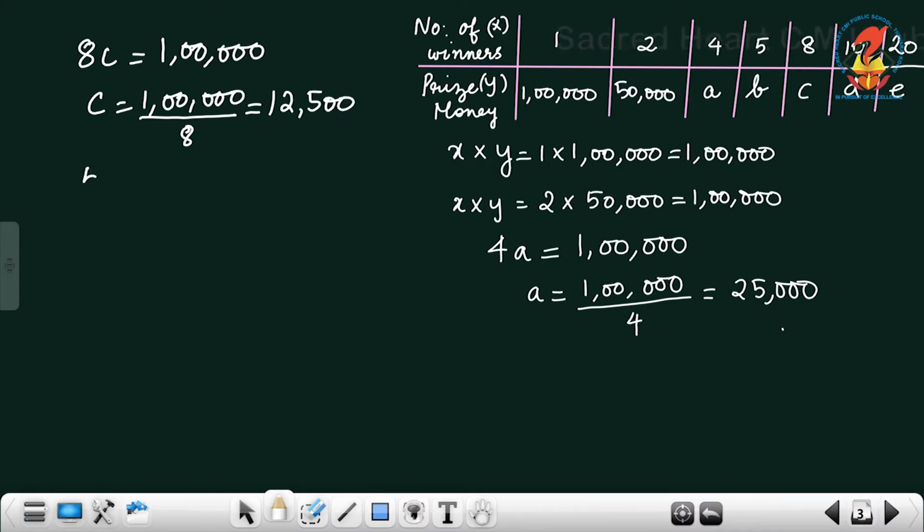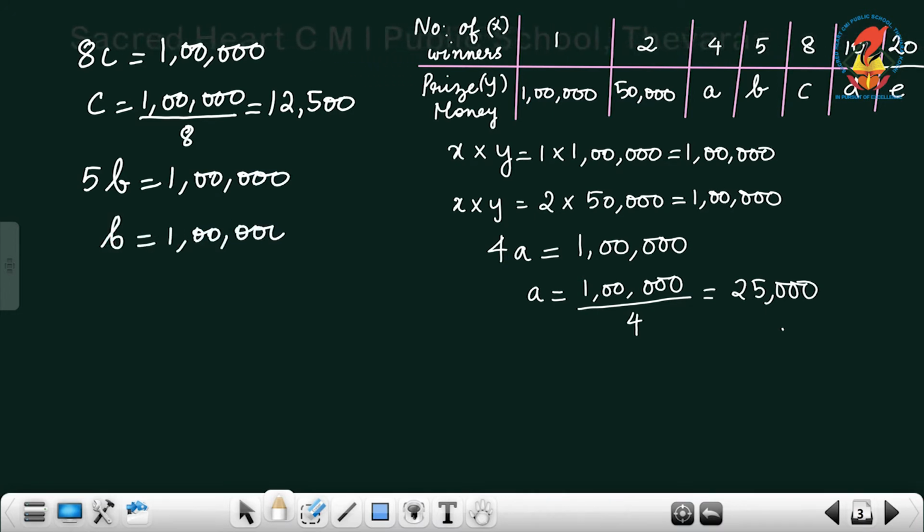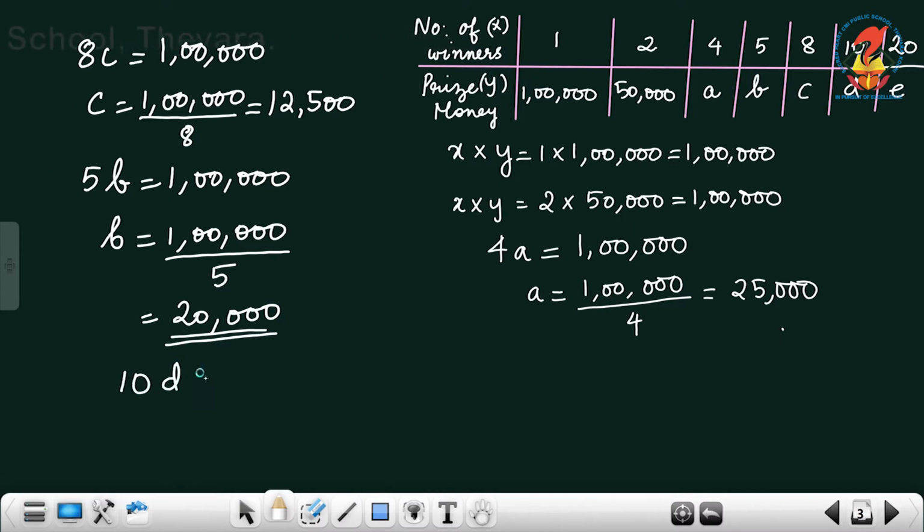Then 5B equals 1 lakh rupees. So B will be 1 lakh by 5, which is equal to 20,000 rupees. Then 10 into D will be 1 lakh.